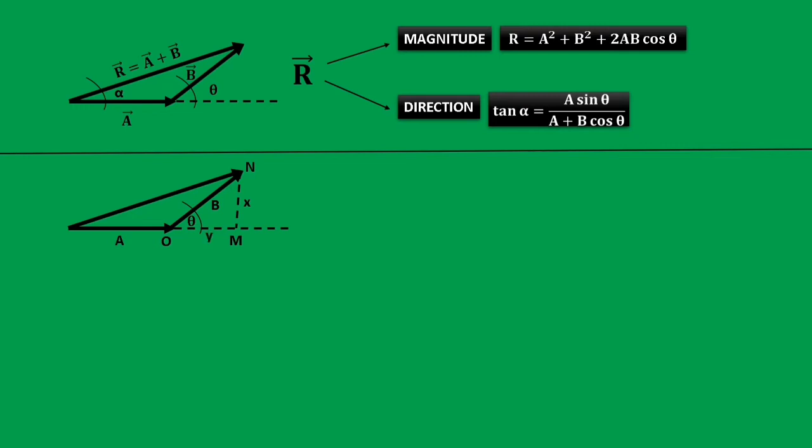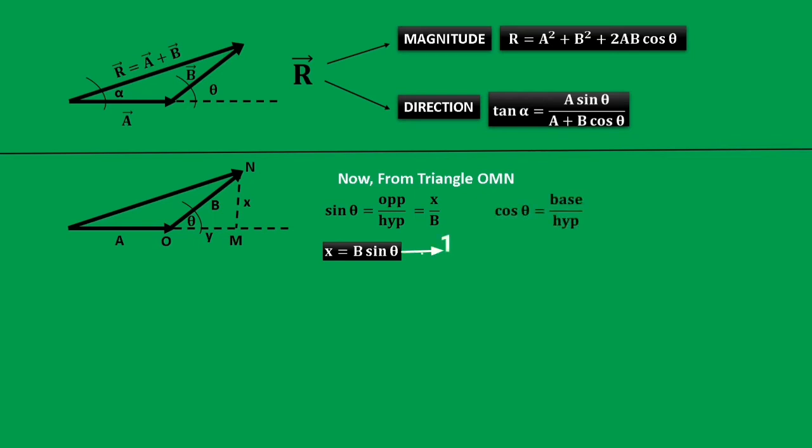Hence, from the triangle OMN, we have sin theta equals opposite by hypotenuse, which is equal to X by B. From this, X equals B sin theta. Name it as equation number 1.